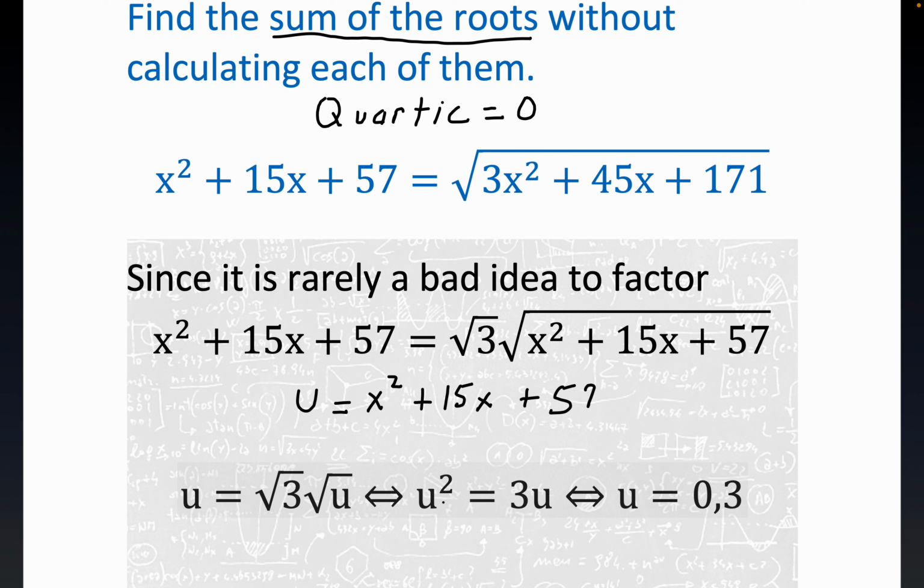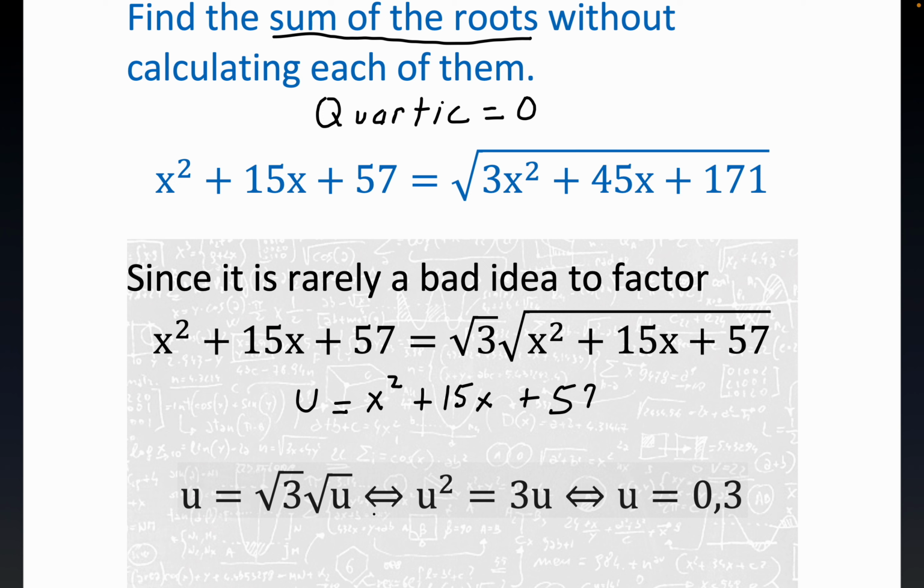And notice this is equivalent because this expression is always going to be positive, because x squared plus 15x plus 57 is a quadratic with a negative discriminant, meaning it's always above the x-axis. So that's why we can do this and not worry about imaginary or complex numbers.